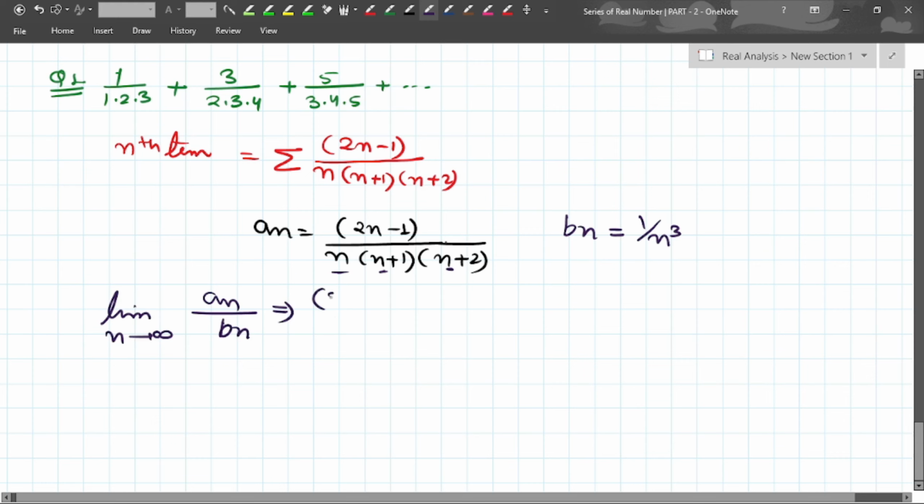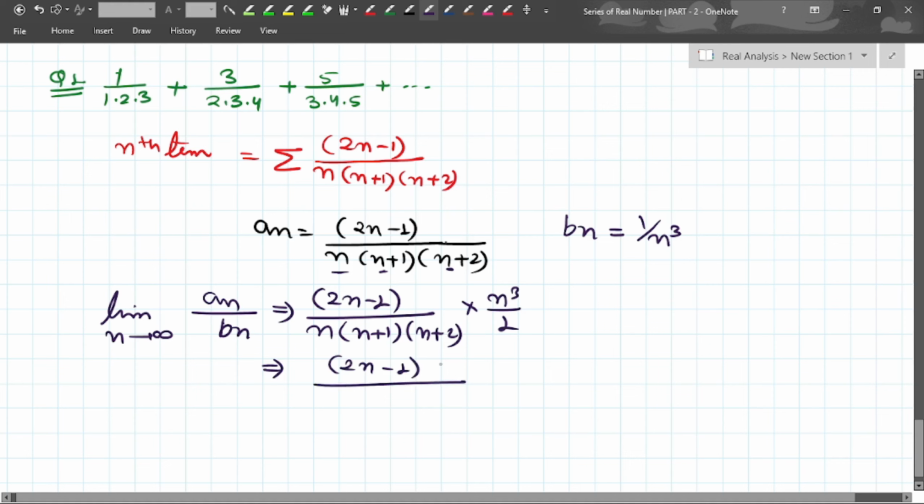So from here, it is 2n minus 1 over n into n plus 1, n plus 2, and we are dividing by bn, that is n cube upon n. So I can directly write it as 2n minus 1 over n cube. I can take n common in each factor, so it is n cube, and it is 1 plus 1 by n, 2 plus 1 by n, times n cube.